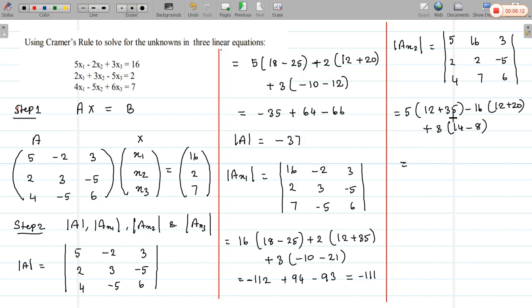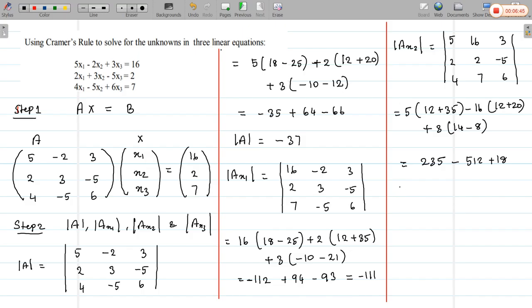So this is equal to 37, 47, 35, 235. Is it right? Minus 32 multiplied with 16, 512. 6 multiplied with 3 will give you plus 18.